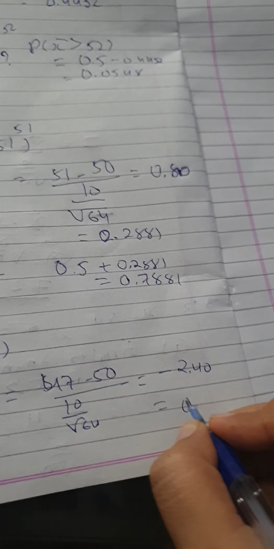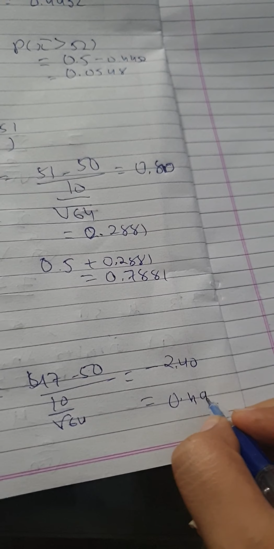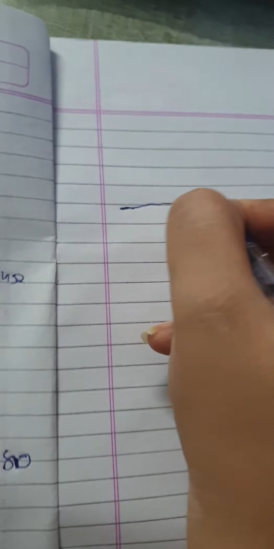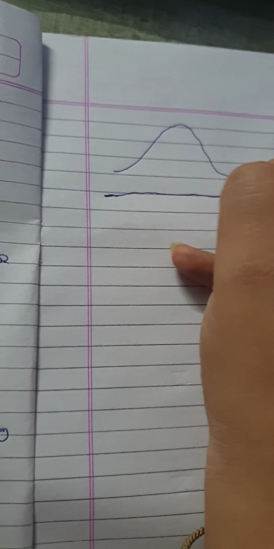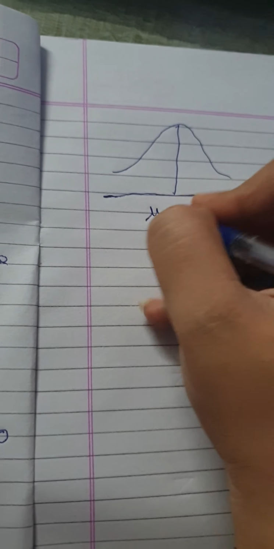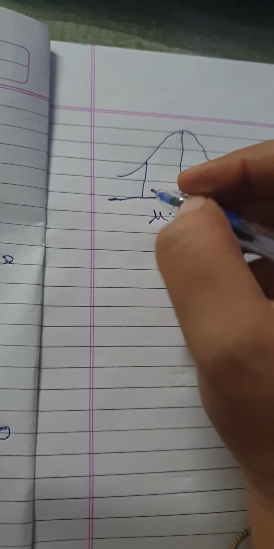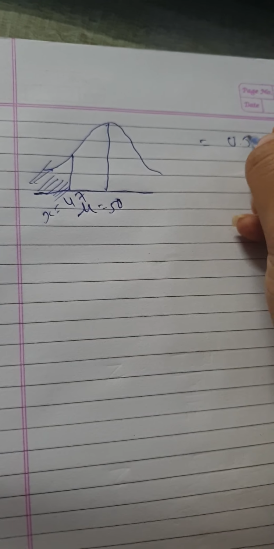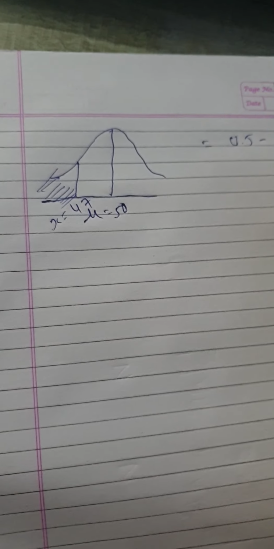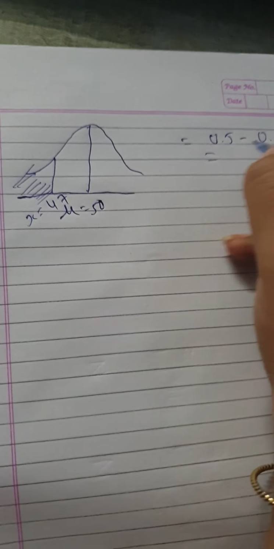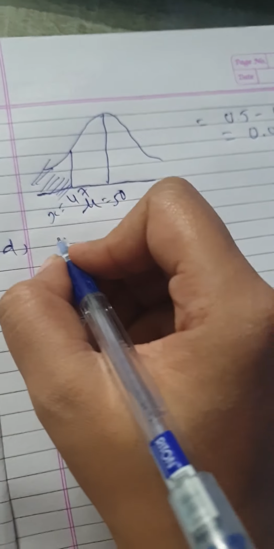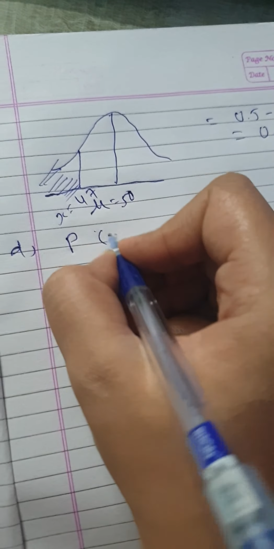Check the table value, then 0.4918. Then again I am drawing the normal distribution curve. Your mu equals 50, x is 47, and you need the area less than that. So 0.5 minus 0.4918, so your answer will be 0.0082.